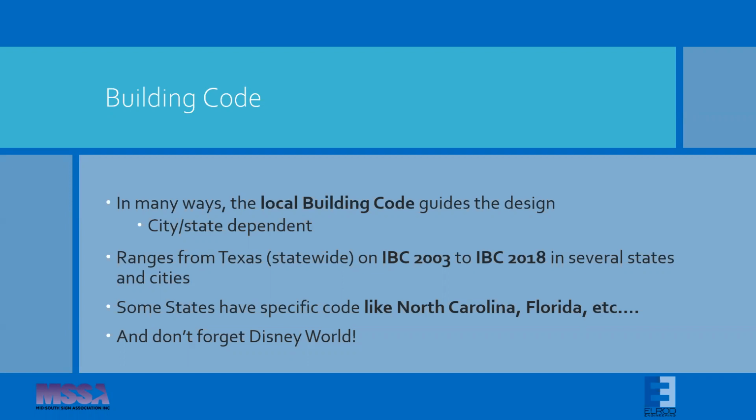Other states have specific building codes. So again, for example, Texas, they just adopt the International Building Code. North Carolina, Florida, several northern states, they have a state-specific code, which may just adopt the IBC by reference, or in the case of Florida, is very particular to the state.